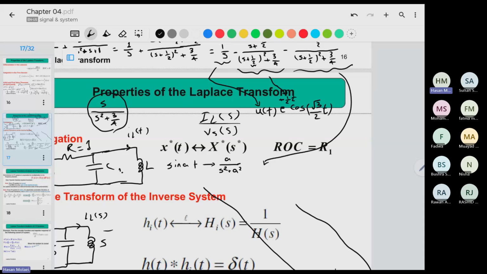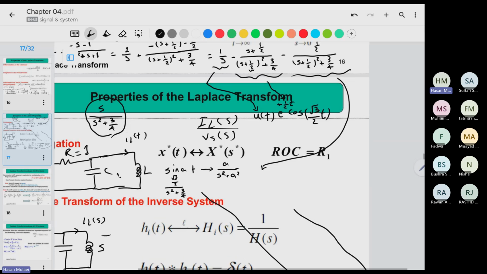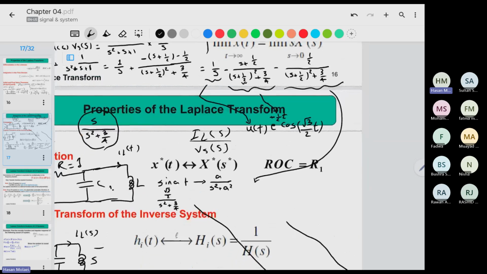And now we have f2 plus 3/4. Here I should have root of 3/2. Yeah, but here I only have 1/2, which means I should multiply it by 1/√3.